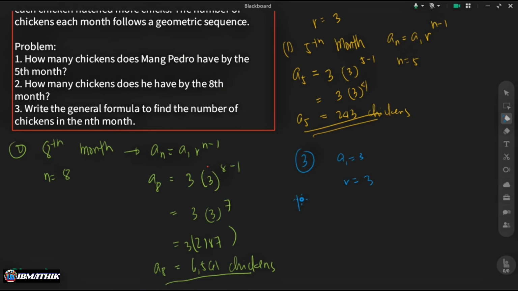And our formula will be a sub n, first term multiplied by the ratio raised to the power of n minus 1. So in this case, our general formula will be this one. Alright, so that is about geometric sequence.